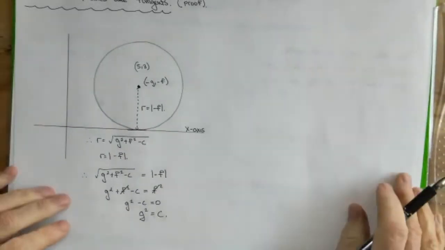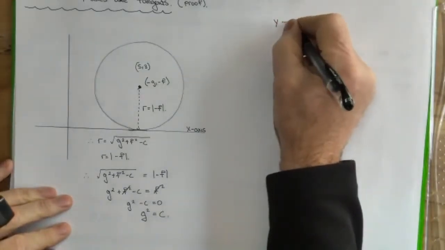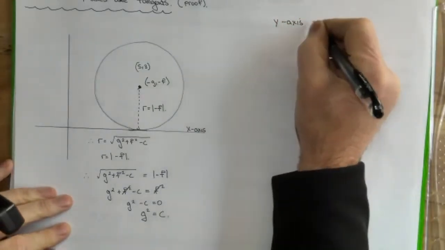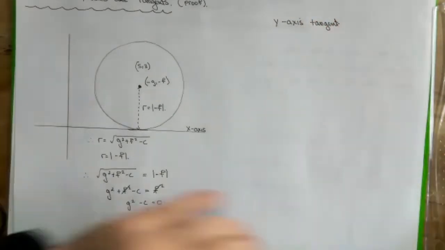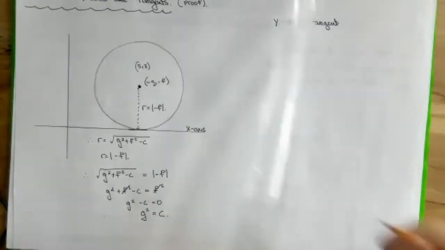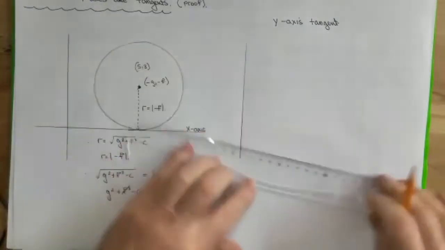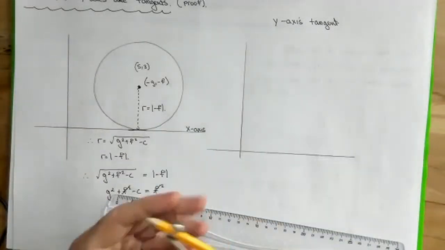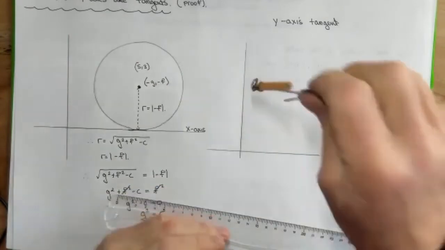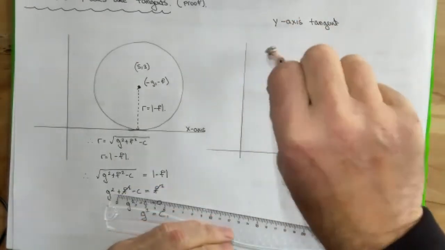Right. The next thing is what happens if the y-axis is a tangent. Now, in class, I would give you this as your own little exercise to do. But seeing as we best keep going, I'll do it for you. And then you can record the videos yourself again if you wish. Y-axis.